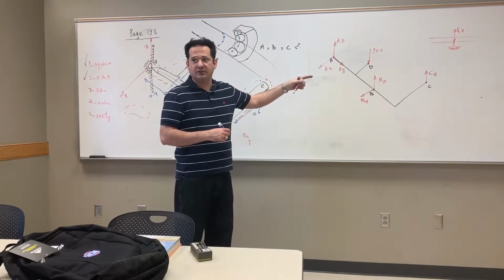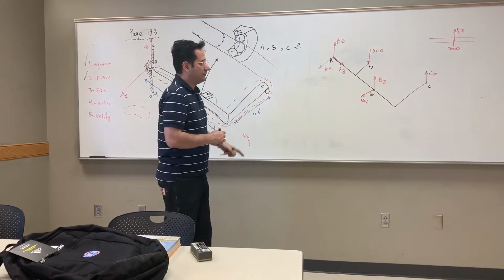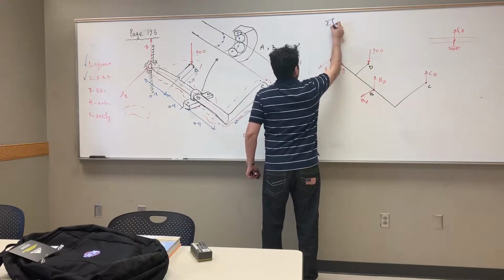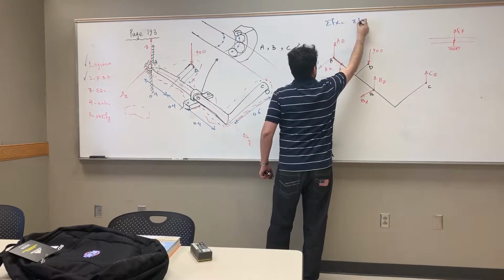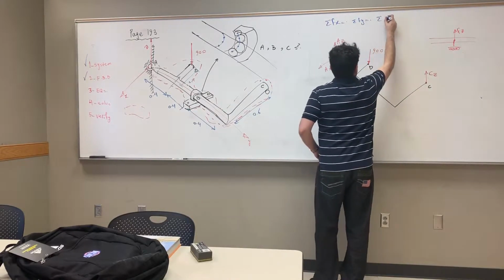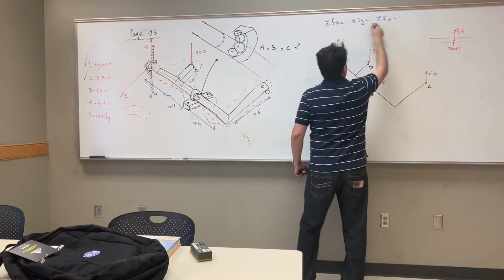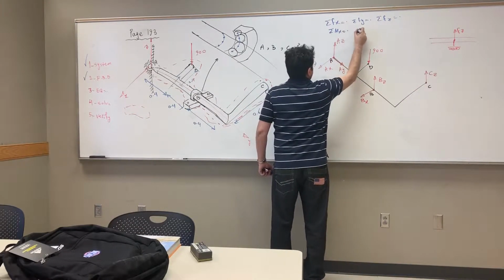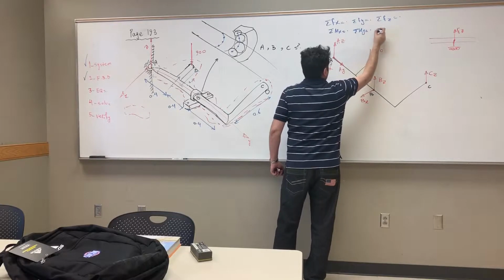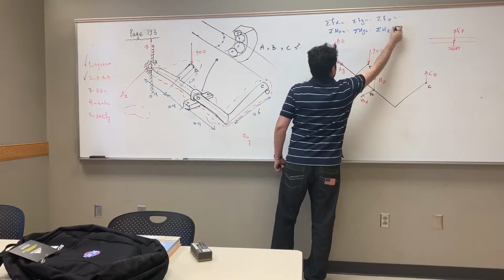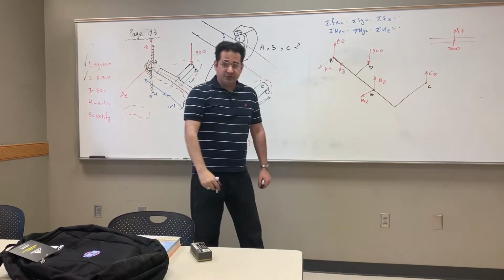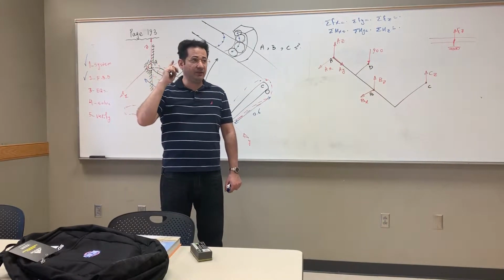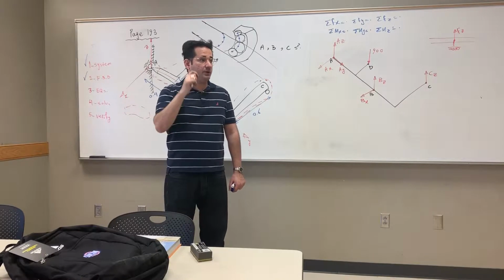In 3D, don't forget, we have summation of force in x, y, z, 3 equations from force, and then summation of moment about x, moment about y, moment about z. So how many equations is that? 6. So in 3D, you have 6 equations per part or per system.